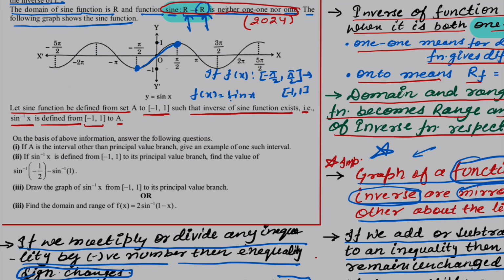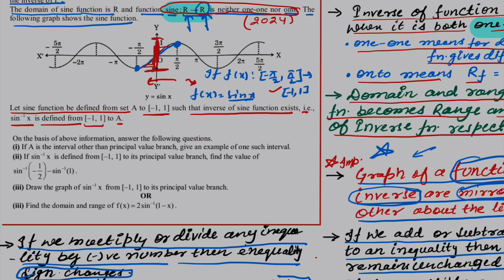Now the function sine x is one-one onto, because for different inputs you get different outputs. So it is one-one, and the range of the function, that is -1 to 1, equals the codomain of the function. Clear? So it is one-one onto, and here we can define the inverse of this function.